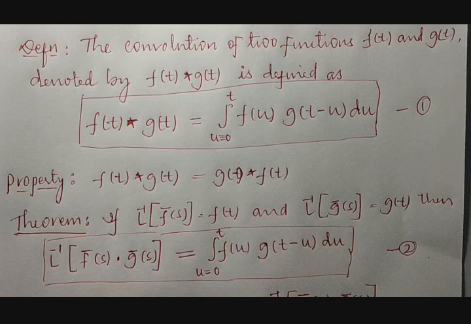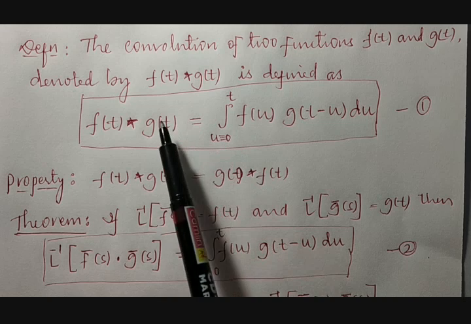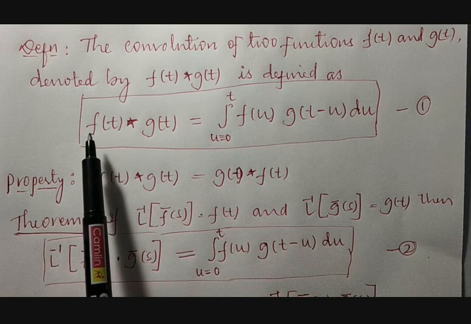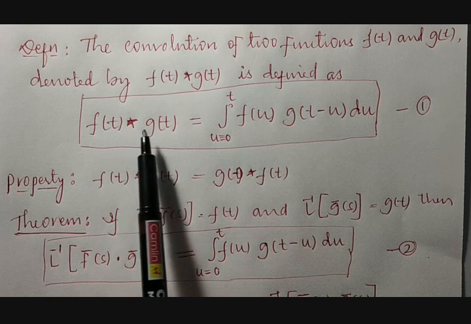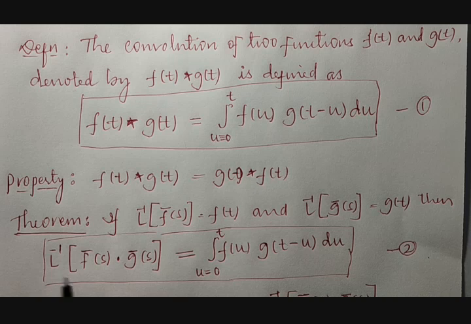When these two results are compared, the RHS are equal, therefore we can equate the LHS. Therefore, f of t star g of t, the convolution between f of t and g of t, will be equal to Laplace inverse of f bar of s into g bar of s.